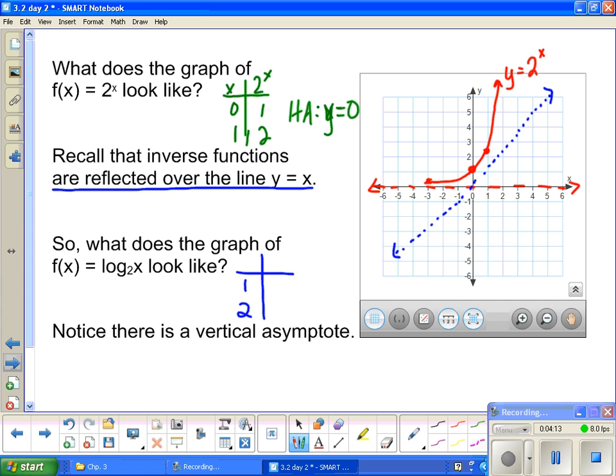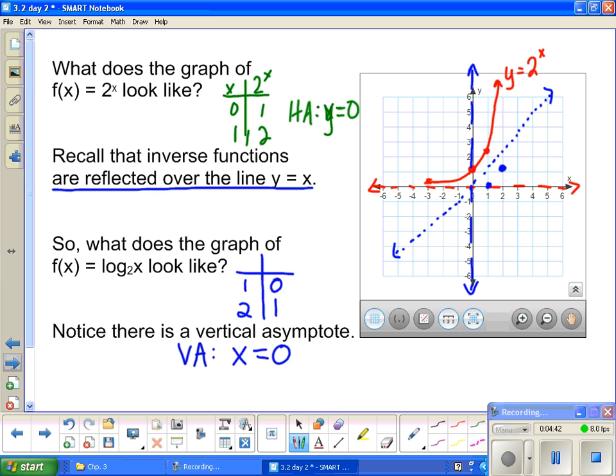My domain was 0, 1, so it becomes my range in my inverse function. So it's 1, 0 and 2, 1, and notice this time my asymptote is going to switch. It's now going to become a vertical asymptote of x equals 0.